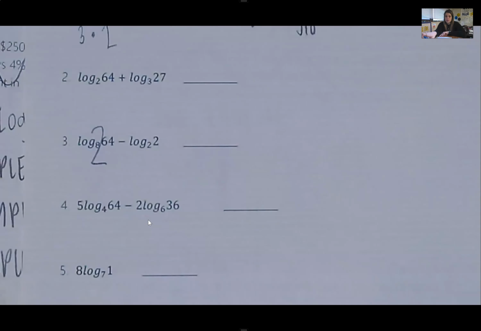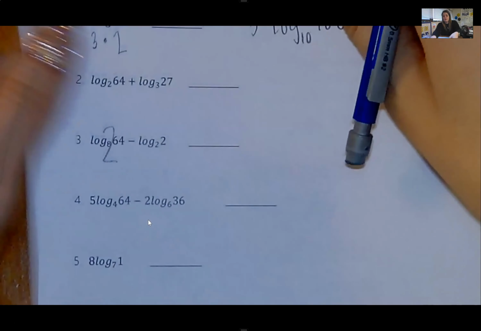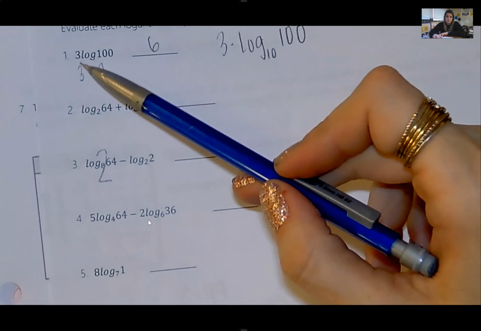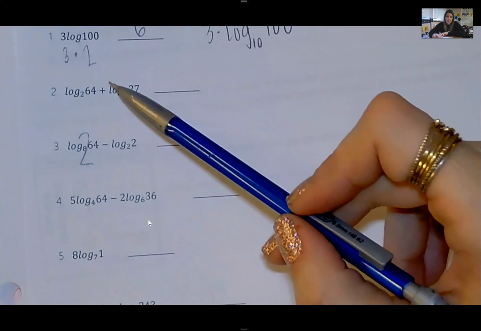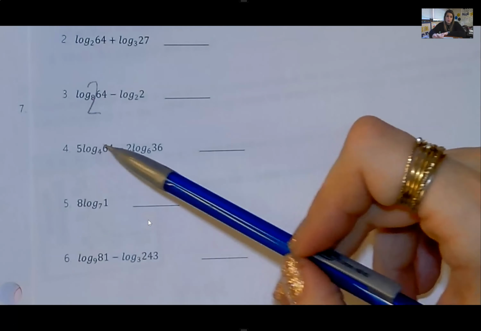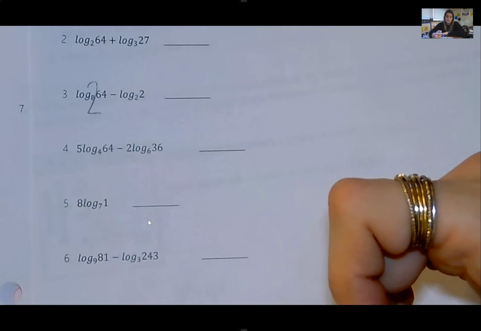So that's what you're doing on this first quiz. You're going to go through and evaluate each log, and then once you evaluate it, you're going to do the other thing that it's asking you to do. So here it's multiply, add, subtract, multiply, and then subtract. So give this a try.